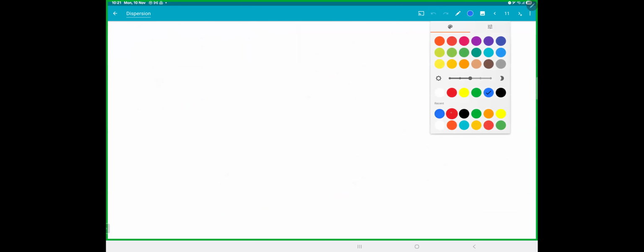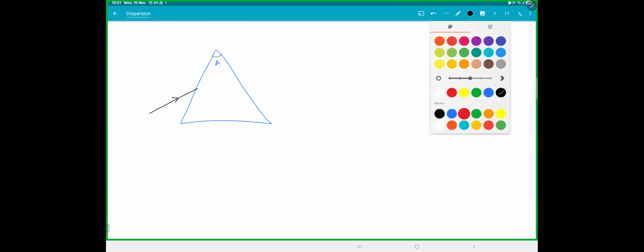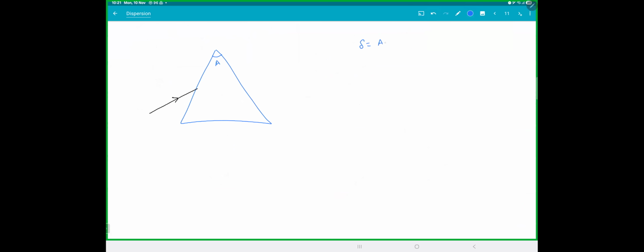So how does this affect our problem? Now look at this. When you take a prism of angle A, a thin prism, I'm using this black line for white light because white light you won't be able to see. What is the deviation? A into (mu minus 1). And the lambda of red is greater than lambda of violet. That means mu of red is less than mu of violet.